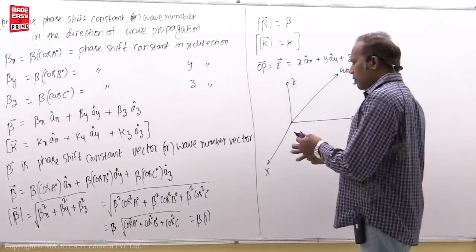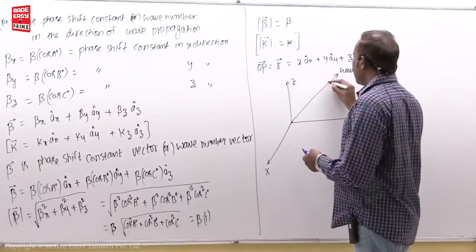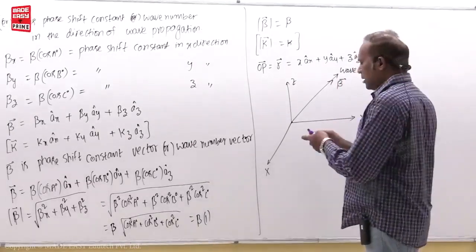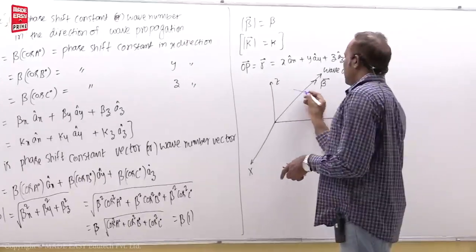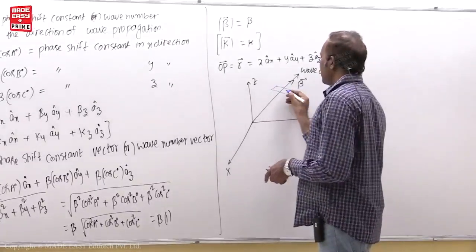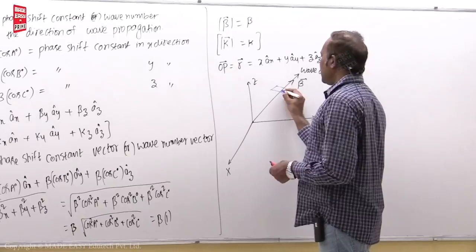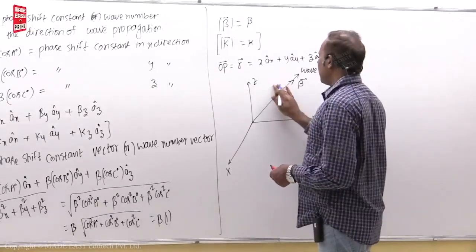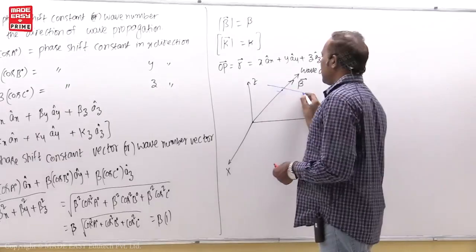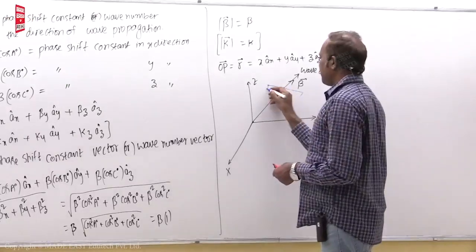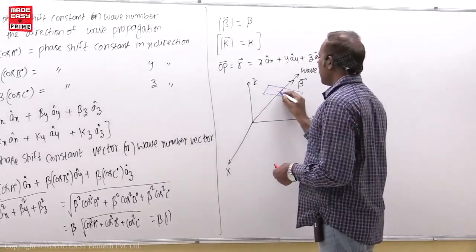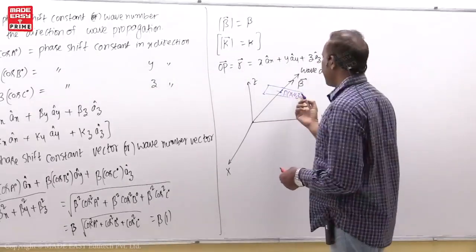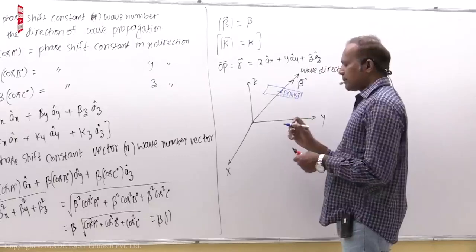Now in this direction the beta bar vector is there. Now if I take one surface which is perpendicular to this one, I will draw a bigger surface, students. On the surface there is one point P(x, y, z), and that P(x, y, z) keeps changing on the surface.